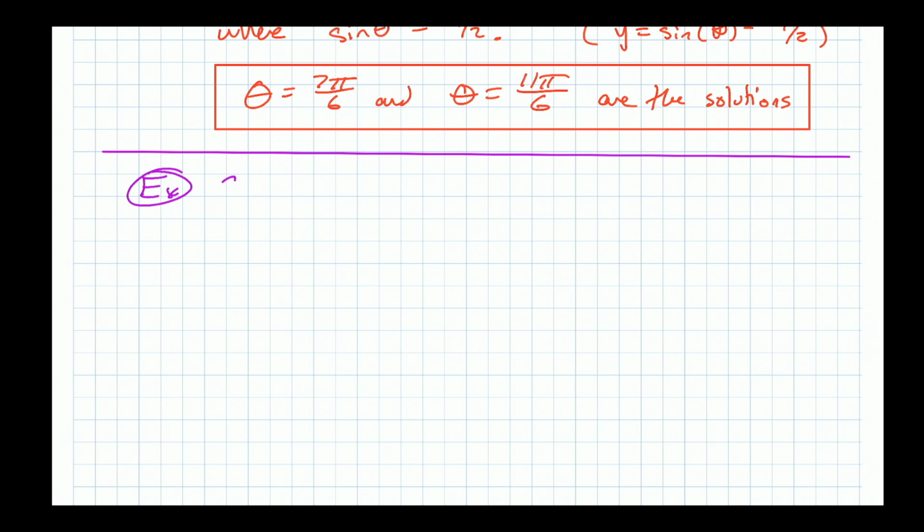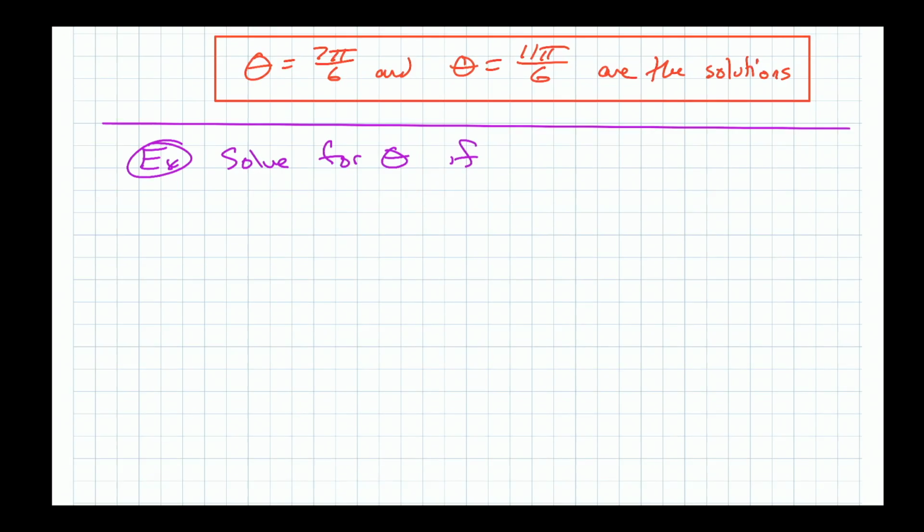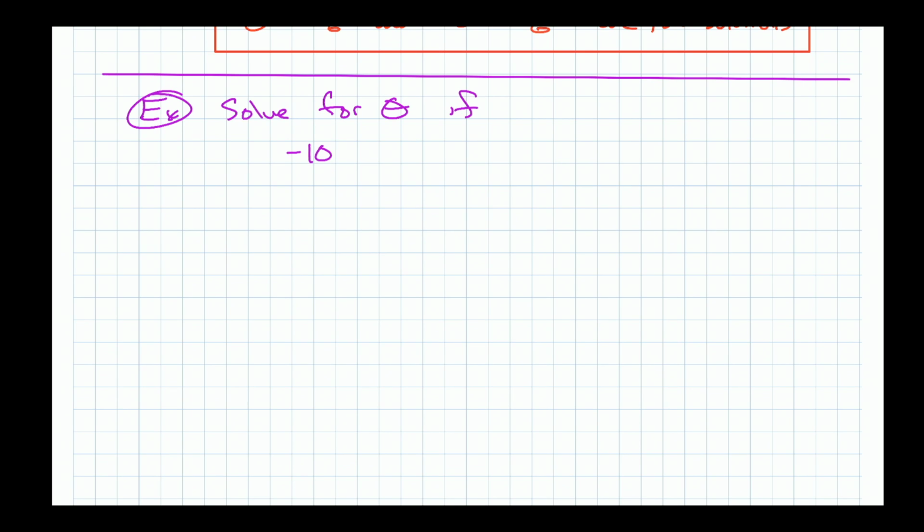Example, solve for theta. If negative 10, actually, you know what? Yeah, I'm going to do a cosine. They're doing a sine, but I'm going to do a cosine. Negative 10 cosine theta minus 8 equals 5 square root 3 minus 8.